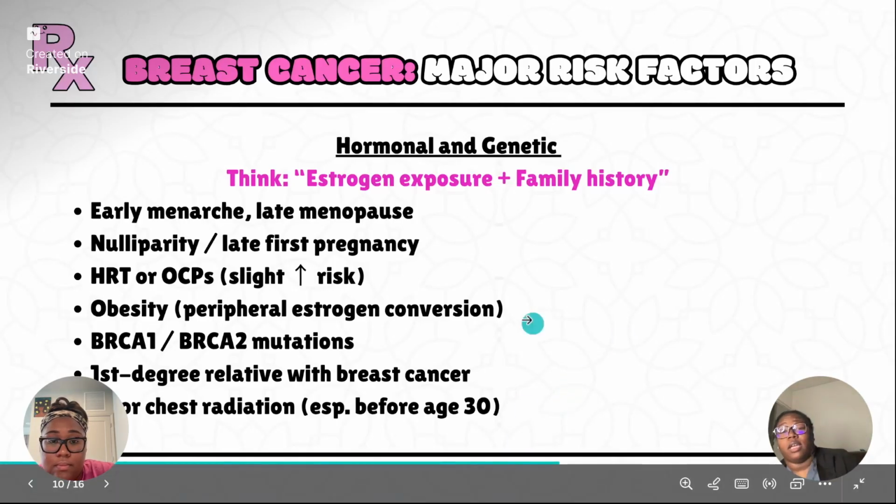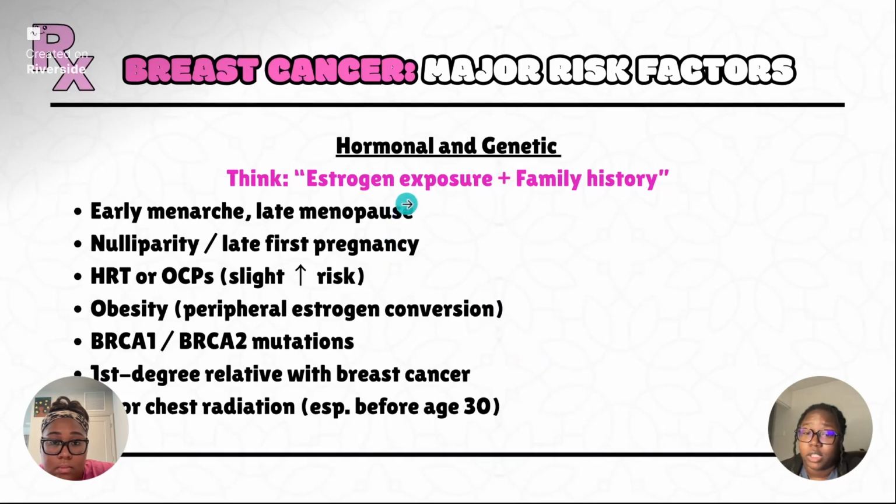So yes, you hit it on the nail. They're both hormonal and genetic risk factors. So we think estrogen exposure as hormonal, and then family history. So early menarche, late menopause, null parity, or late first pregnancy. So if a patient comes in and she didn't have her first child until she was 50, and now she is complaining of a breast mass or whatever the case may be, that late first pregnancy just exposes her to estrogen longer.